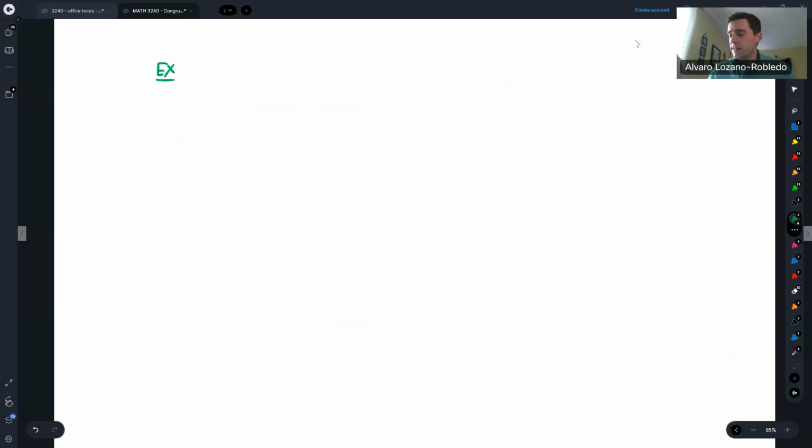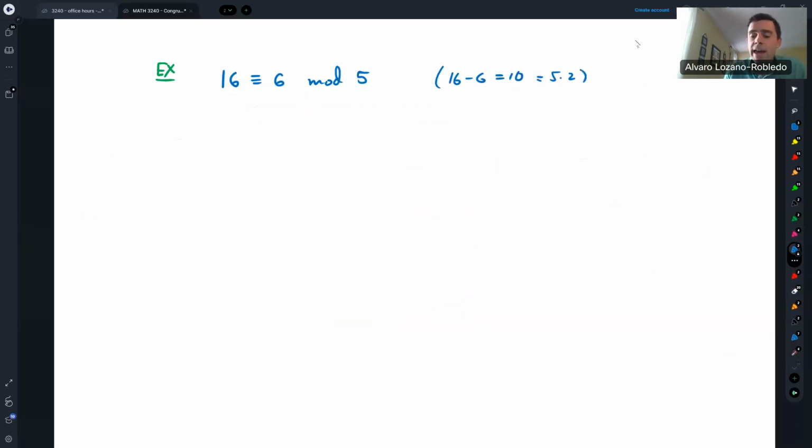So if I have a congruence, for example, 16 is congruent to 6 modulo 5. Is that true? Yes, because 16 minus 6 is 10, which is a multiple of 5. And 16 is 2 times 8, and 6 is 2 times 3, modulo 5.